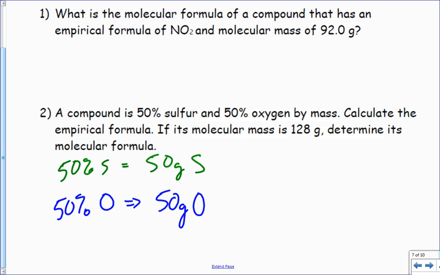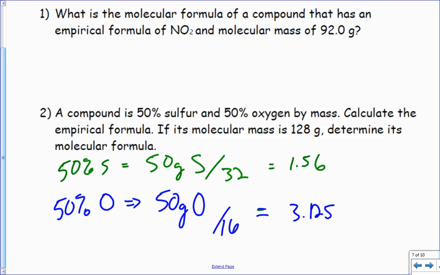I need to look up sulfur's mass. I know oxygen is divided by 16. And sulfur's mass, I got to divide it by 32. Right? So I'm going to say 50 divided by 32, that's 1.56. Then 50 divided by 16 is 3.125.